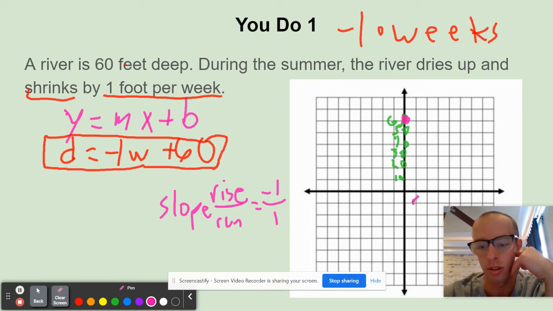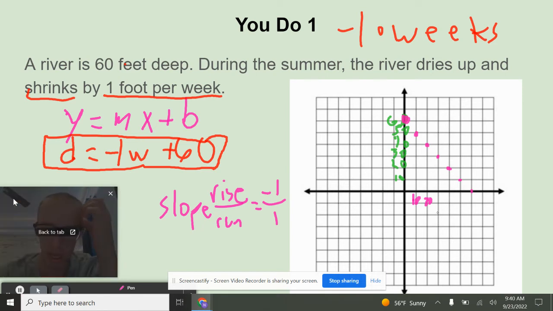So let's just also go by tens on here. So each step here is 10 weeks. So that we can go down 1 over 1, down 1 over 1, down 1 over 1, down 1 over 1, down 1 over 1.